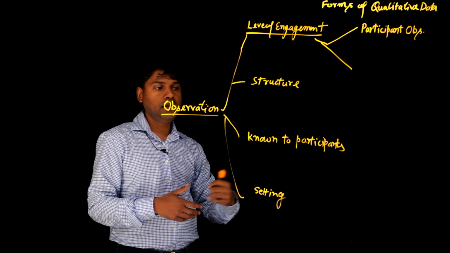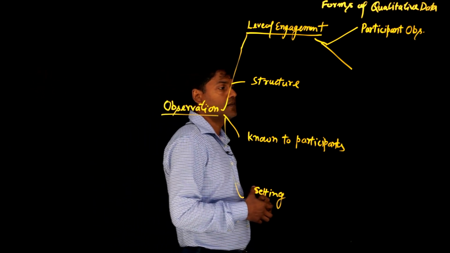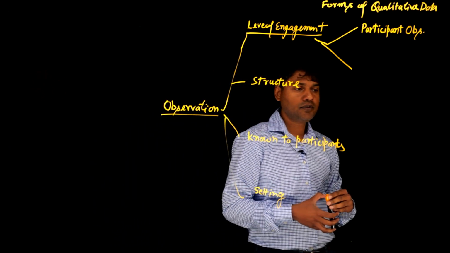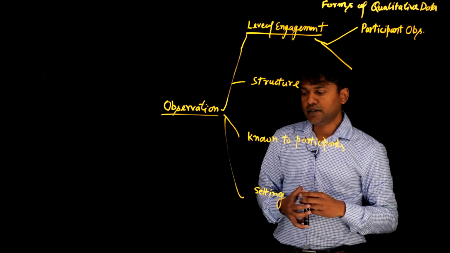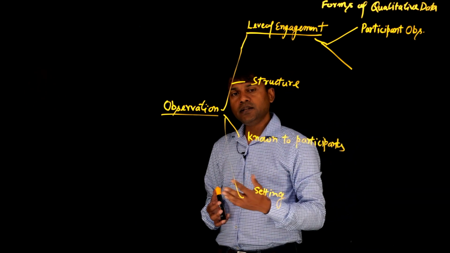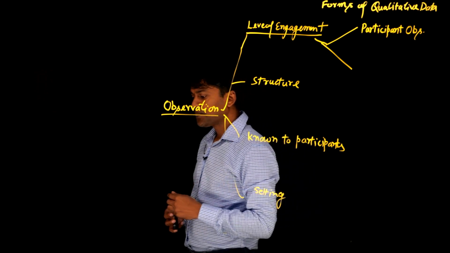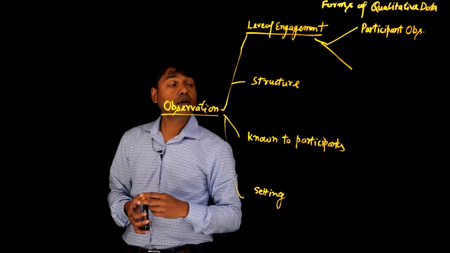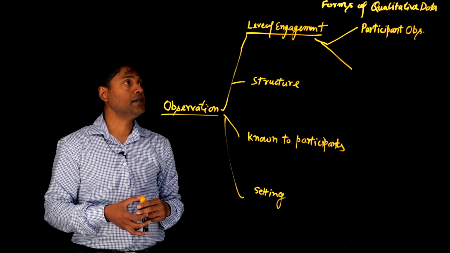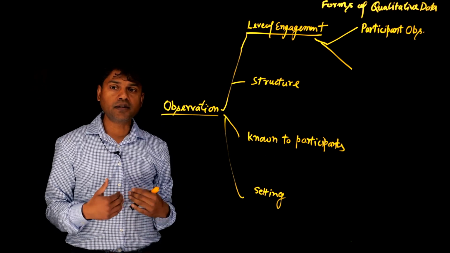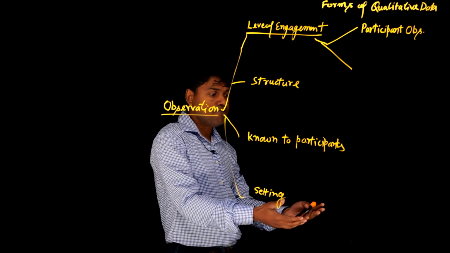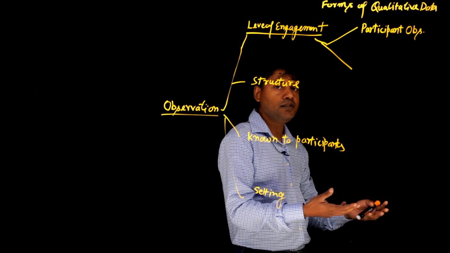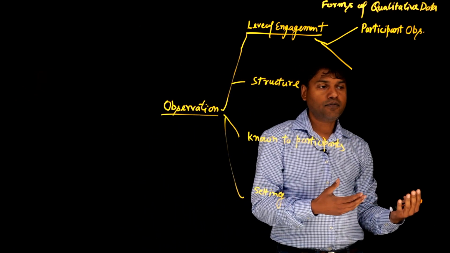So let's say I am observing students in a classroom, and the students are engaged in some activity being conducted by the teacher. A participant observation will be, as a researcher, I become part of the activity. So I'm very actively engaged in that process of the observation.